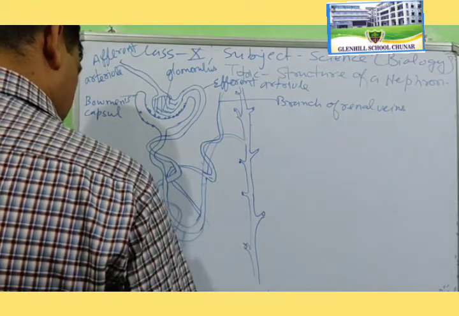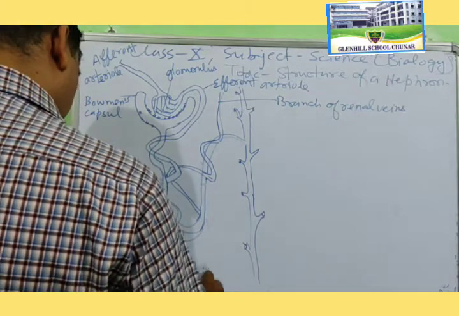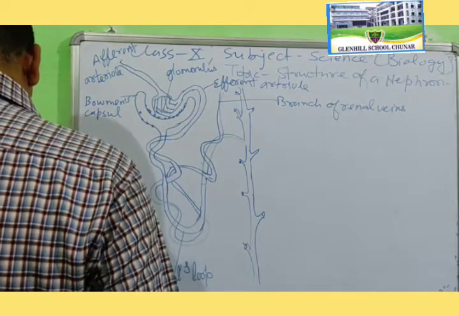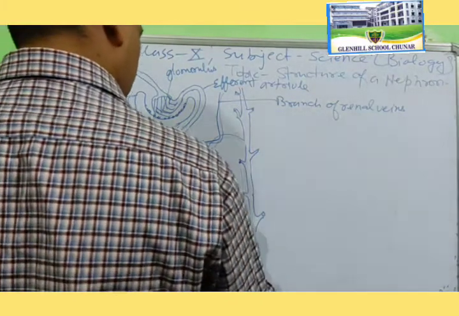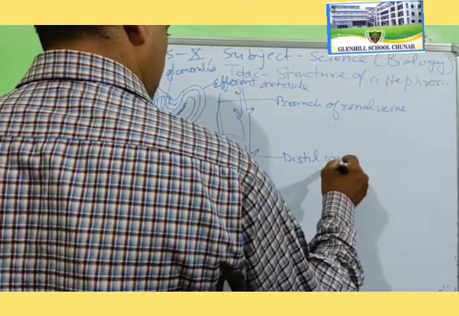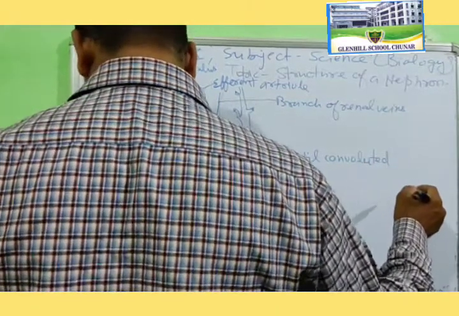This is the renal loop. Distal convoluted tube. Distal convoluted tube.